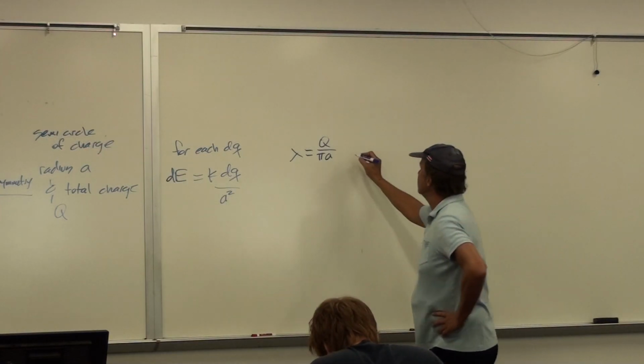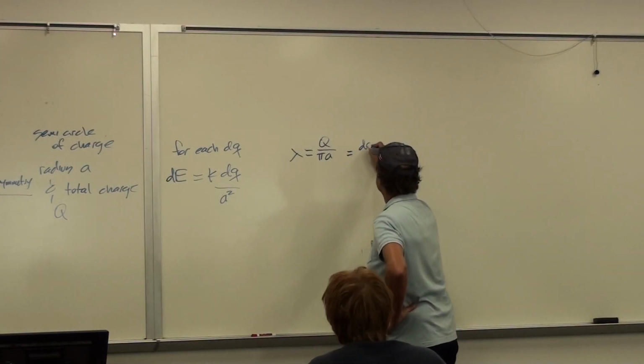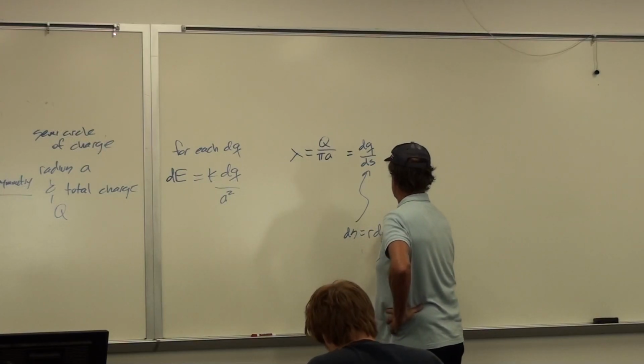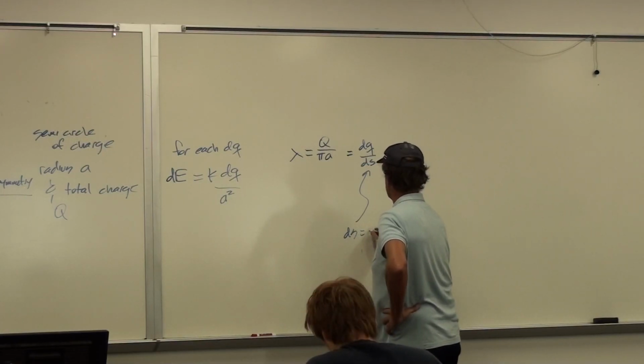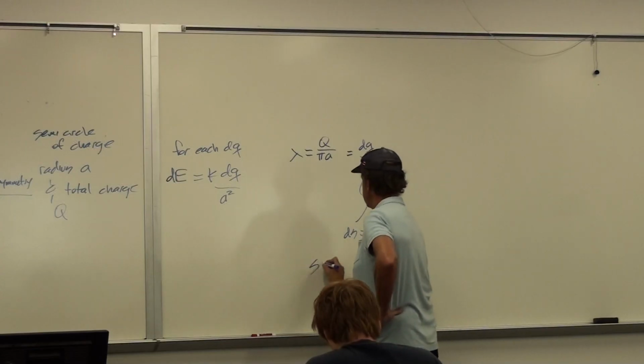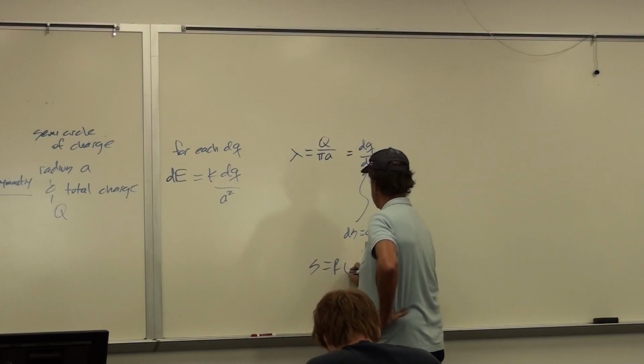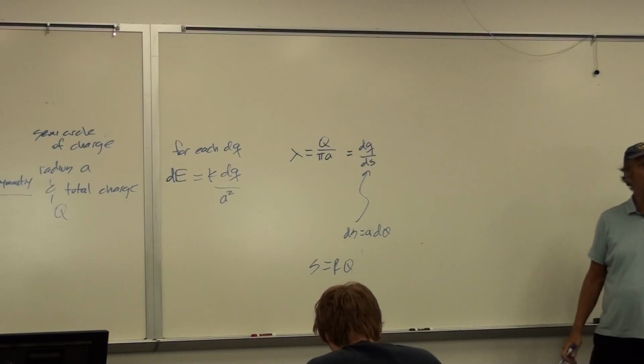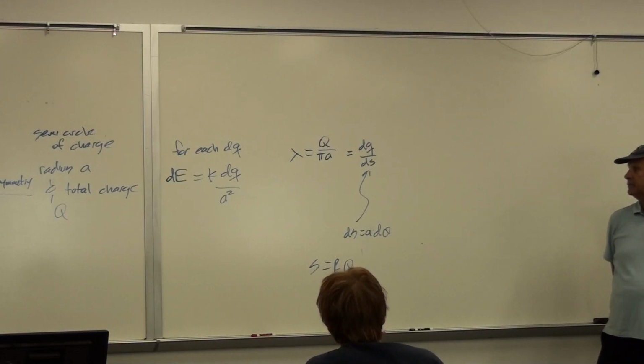And then I can also say that that's equal to dq over ds, where s is arc length. So we know that s is equal to r theta. So ds is r, in this case a, times d theta.